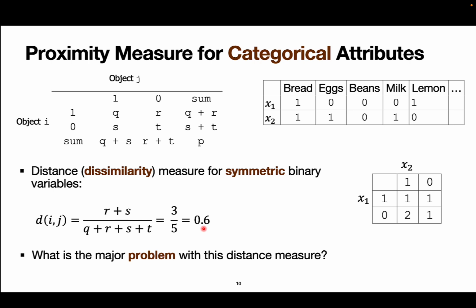So what is the major problem with this distance measure? Feel free to pause the video and think about it.